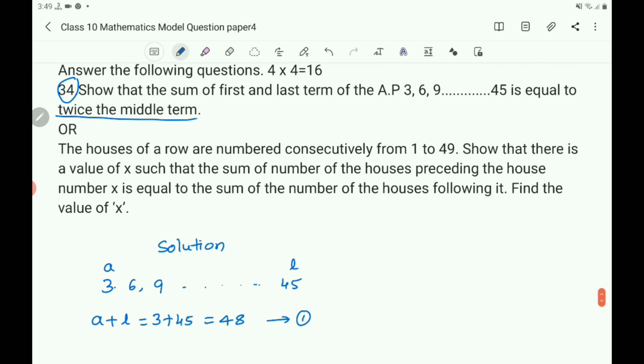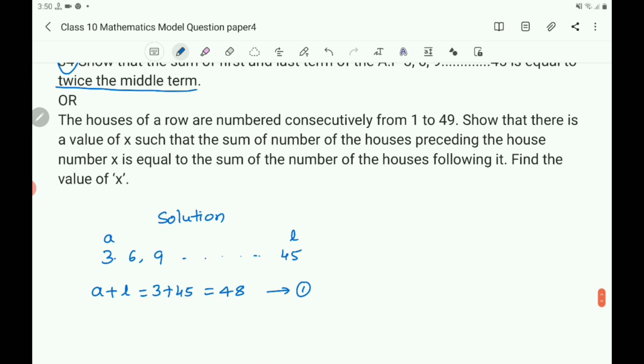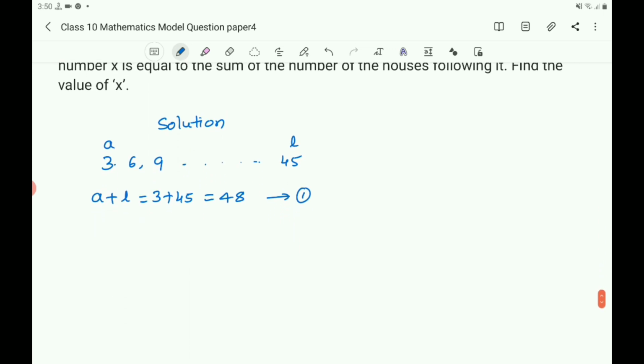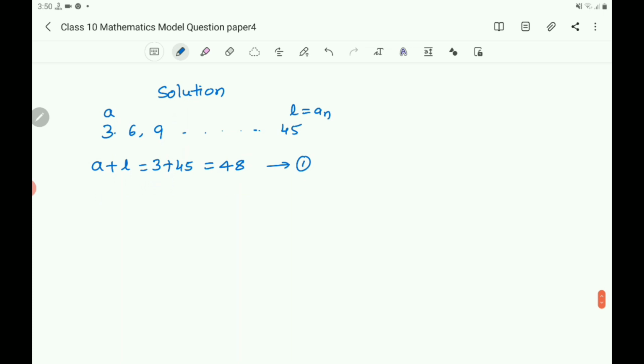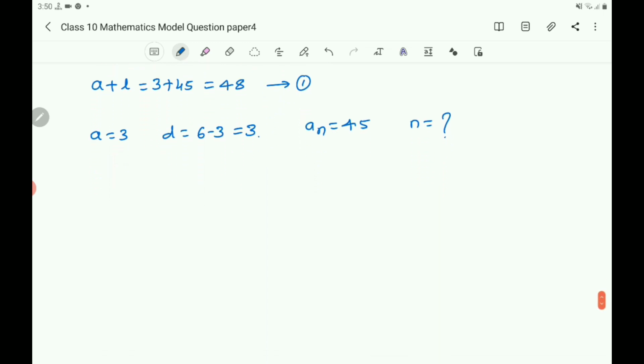Next we have to find the middle term. To find the middle term we have to get the number of terms. Here you know that the last term means the nth term. Here there are n terms. So let us take a equals 3 and d equals a2 minus a1, that is 6 minus 3 equals 3. And an equals 45 and n equals question mark.